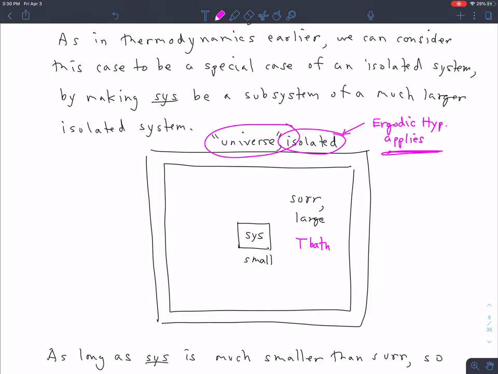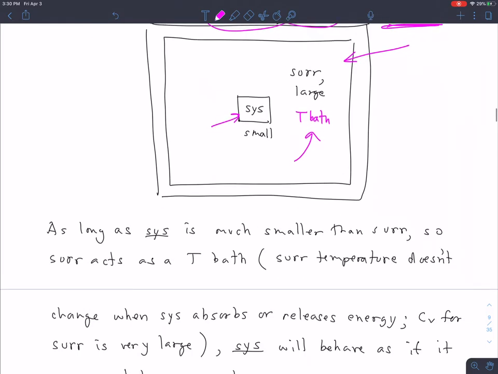And then we consider our system, quote unquote, inside of that big, huge system to be composed of two subsystems, one of which is our actual system, the thing we're interested in, and everything else, the whole rest of the universe, is our surroundings. And because it's huge, or as big as we need it to be, it acts as a T bath. That part is pretty easy.